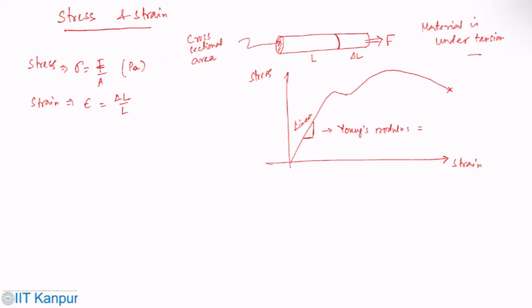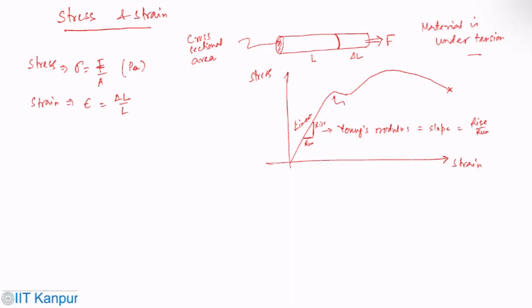It is a linear curve, so if this is the rise and this is the run, the slope is rise over run.